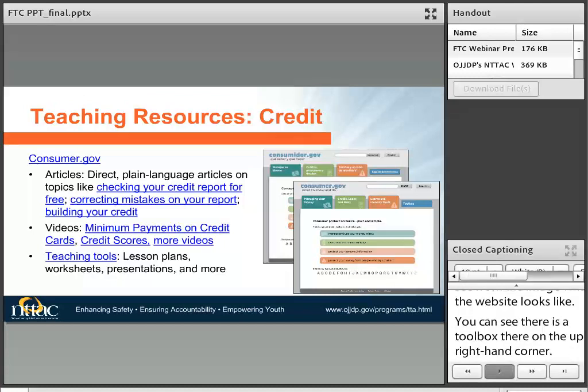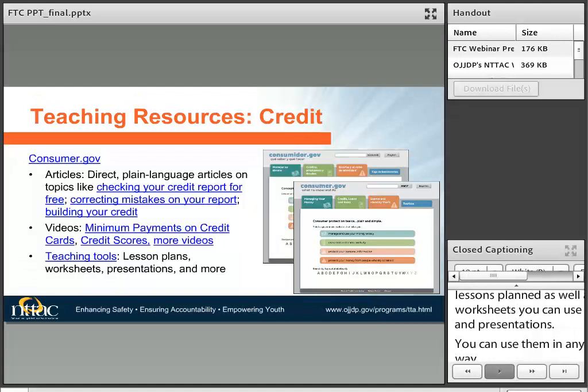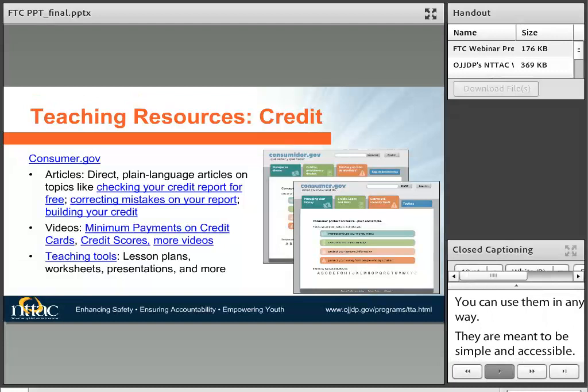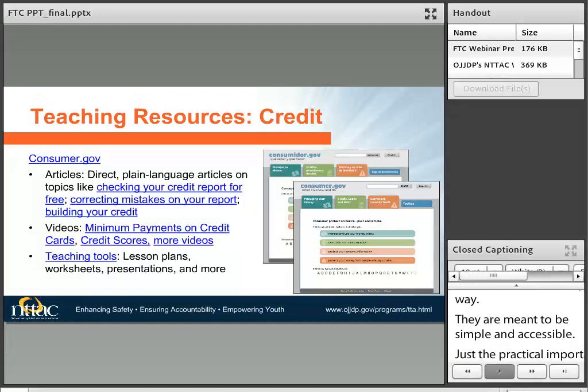You can use them in any way. They're really meant to be very simple and accessible and just have the practical, easy, and important information for people who are just starting out on their financial future. I hope that answers the question.